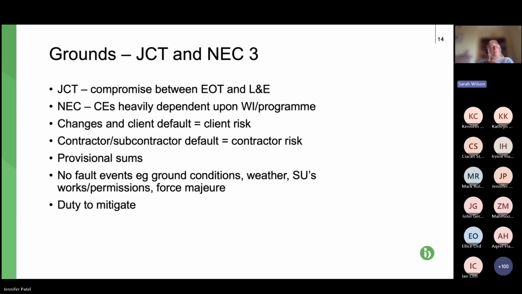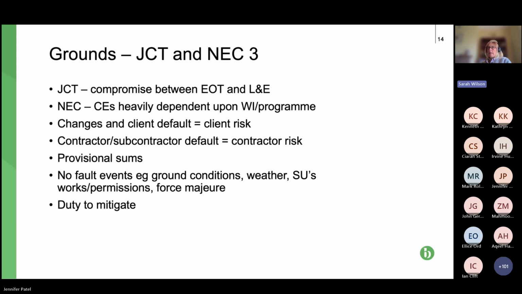So in terms of the grounds, this goes back to this issue that I was talking about of risk. Who bears the risk for contractor default, contractor caused delay, employer caused delay, and that sort of mid stuff, the neutral bits and pieces that we looked at: ground conditions, weather, etc. So with JCT, there's a bit of a compromise.